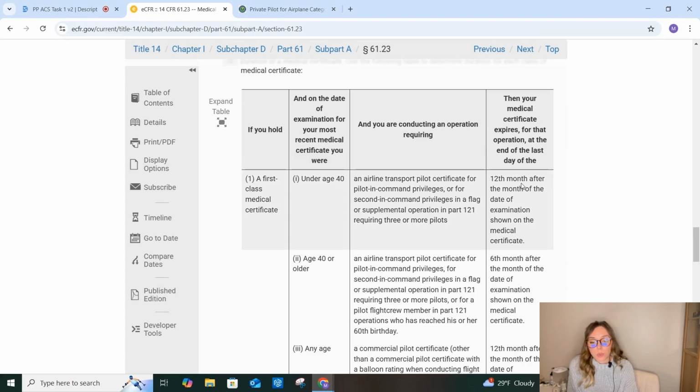Here it says the 12th month after the month of the date of the examination. So let's say you get your examination done January 5th of 2025. You don't have 365 days. Your next medical certificate would expire the 12th month after the month of the date shown on the medical certificate.